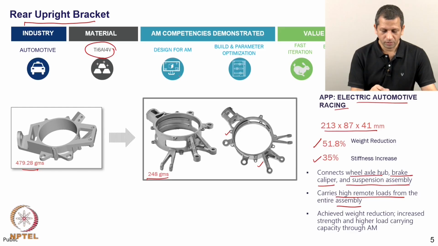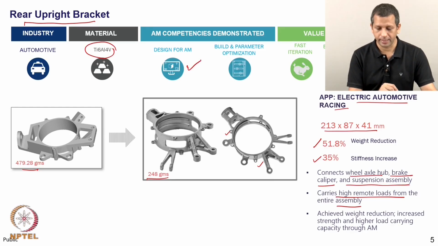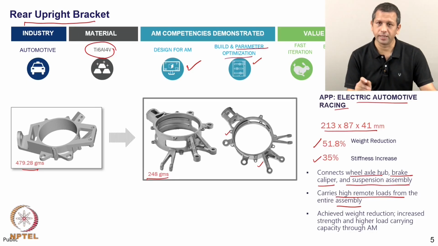This is an example of how we can design for AM directly, and once the design is ready, how to build the component and how to achieve the required component with desired properties using parameter optimization. The values that the additive manufacturing process added to this component are fast iteration.